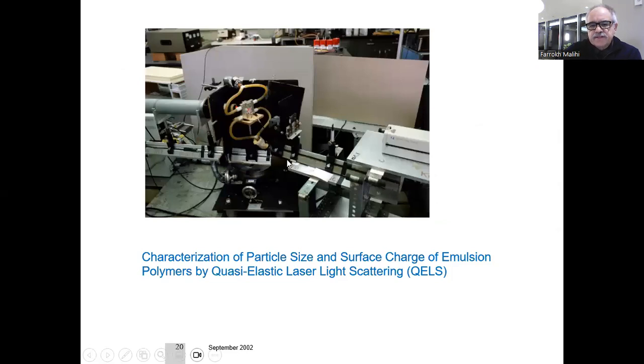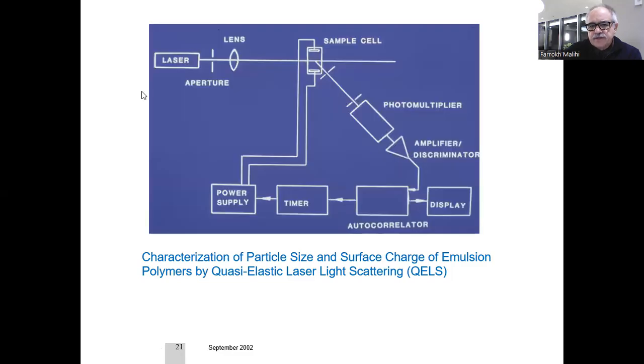Here is a setup that is used. It's called quasi-elastic laser light scattering, which is used for determination of particle size and surface charge of emulsion polymers, latex particles. Schematically, it looks like this. There is a laser light source that passes through a lens and goes through the sample.